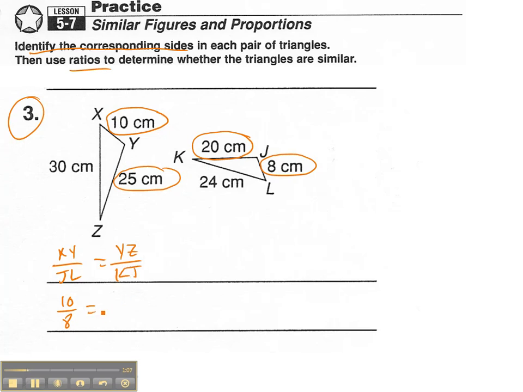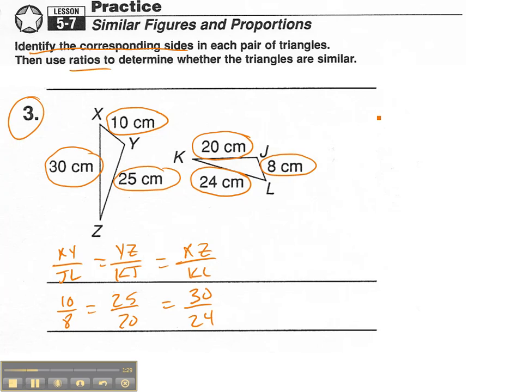The ratio of those sides would be 25 to 20. Finally, the largest side of the larger triangle, side XZ, corresponds to the largest side of the smaller triangle, which is side KL. So that ratio would be 30 centimeters to 24 centimeters.